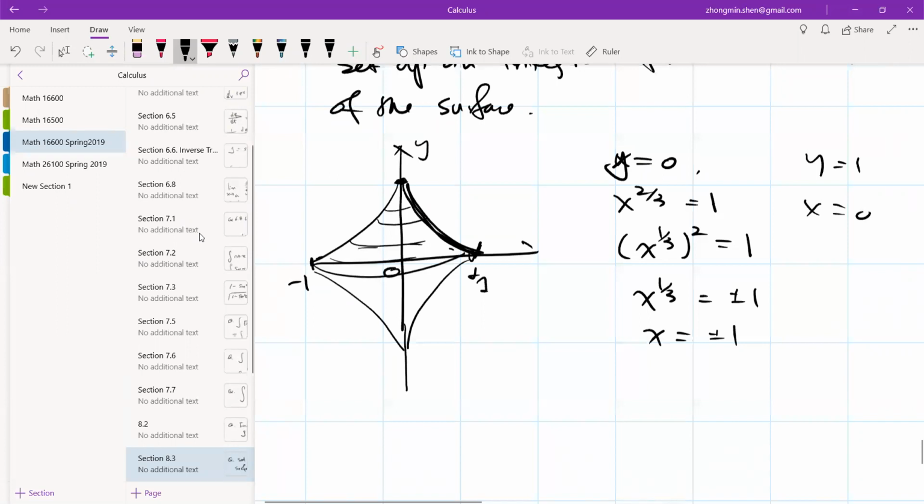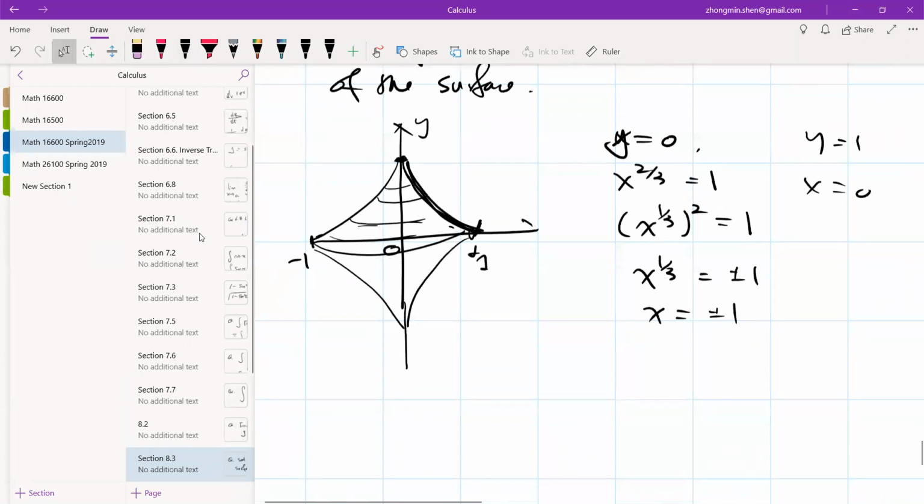First of all, you write down the formula. Area equals 2 pi r ds. This is the universal formula. And r is going to be x. Here's x and y, so r is going to be x.